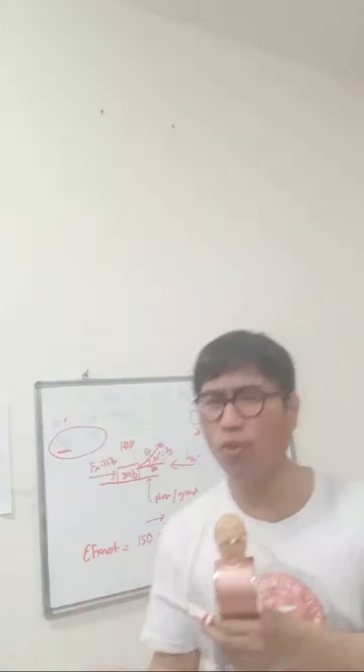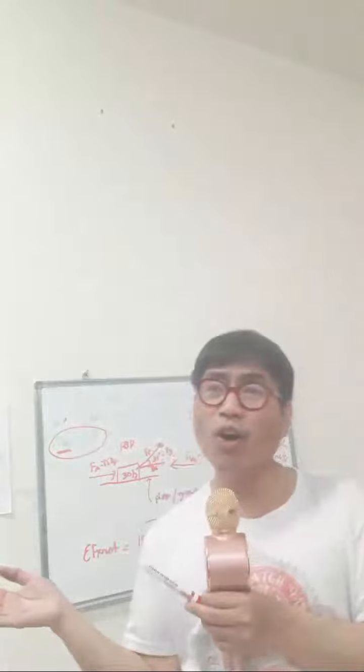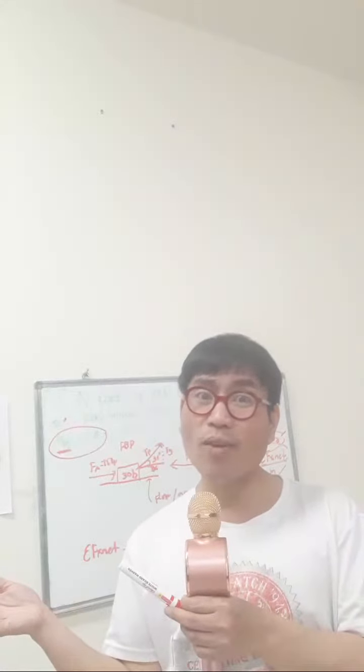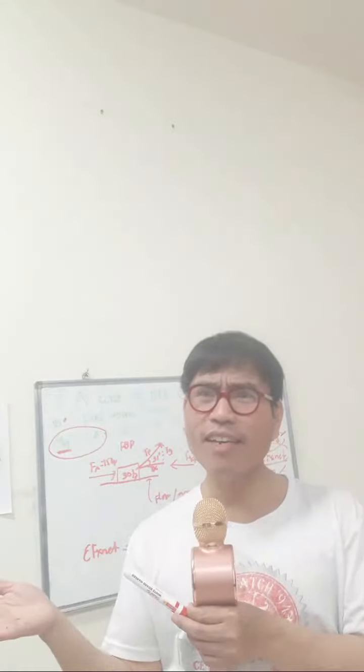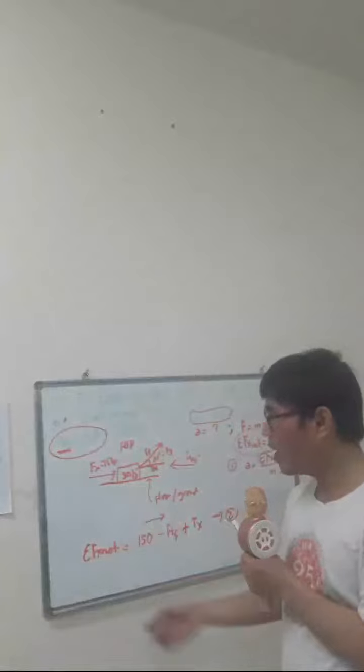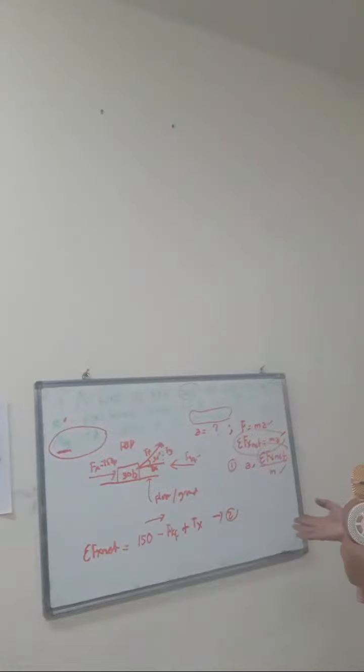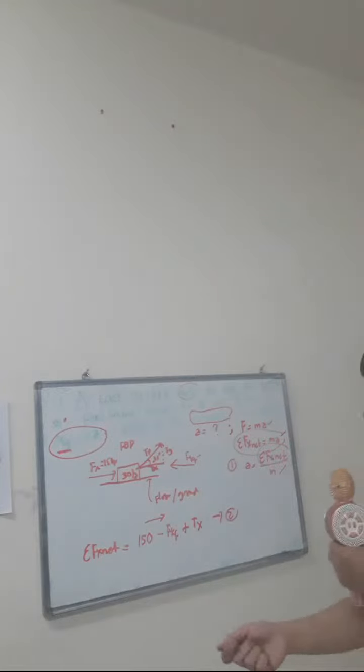Another assumption: the complexity of the quantities to be solved is very high, so it's not logical if you don't let this Fx be equal to 0. Another reason, okay, this 30 kilogram is starting from rest, right? Am I correct? Correct. And then Jun tries to pull it back.